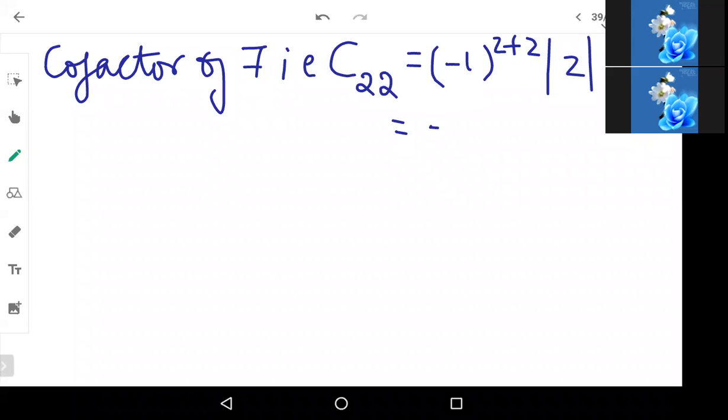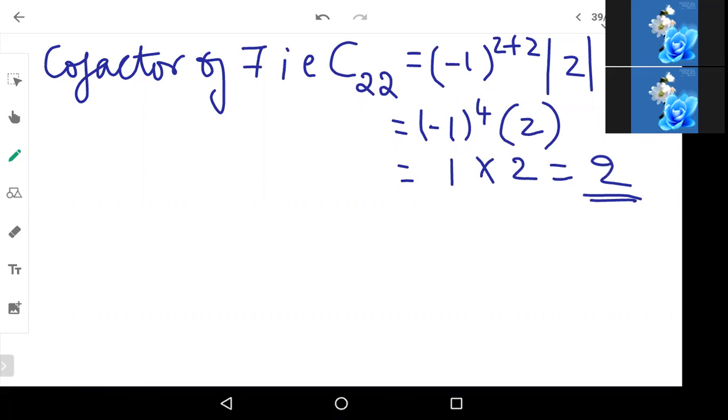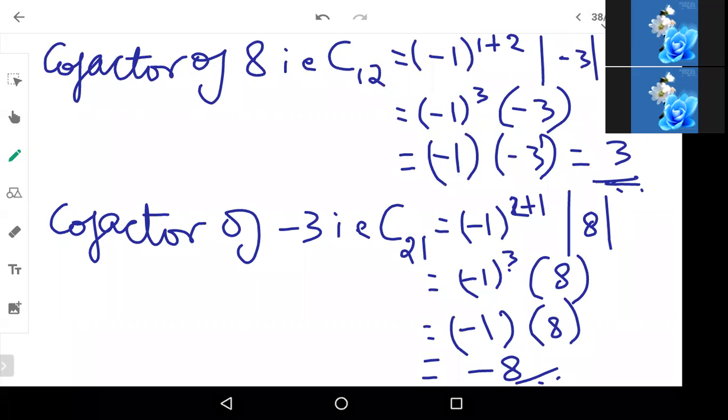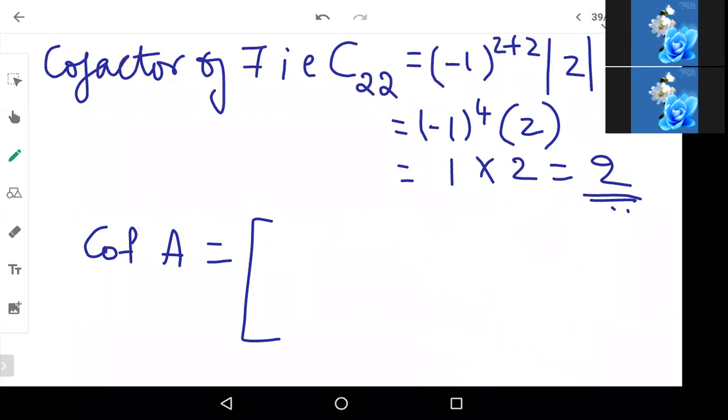So -1 to the power 4 into 2, which is +1 into 2, which is 2. So the cofactor of A is equal to the same 2 into 2 matrix: 7, 3, minus 8, 2. This is the cofactor.